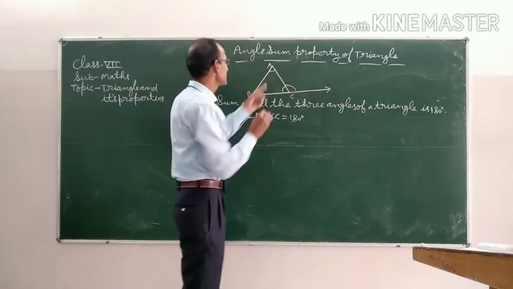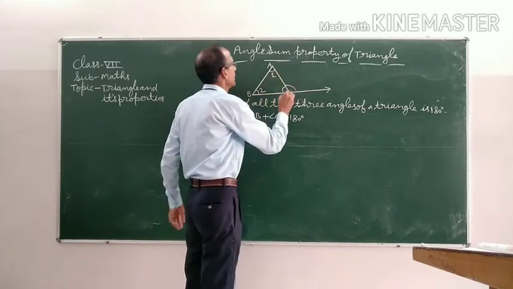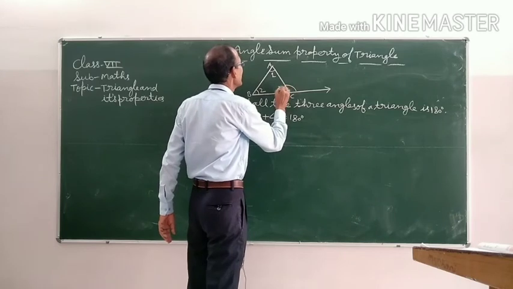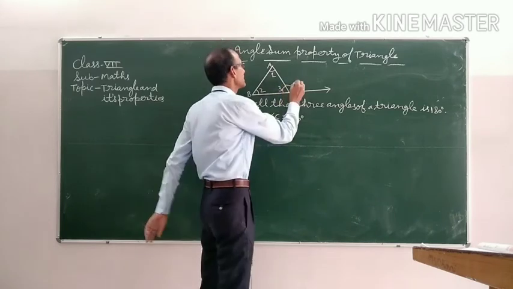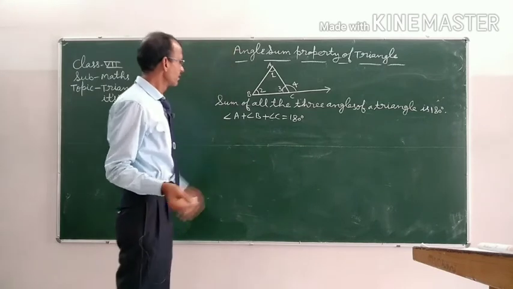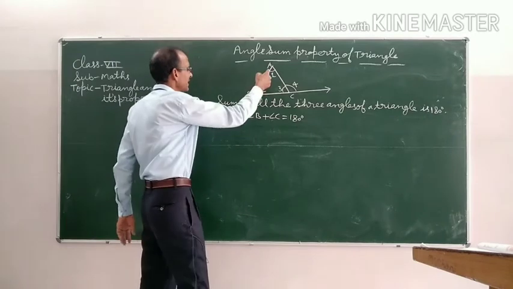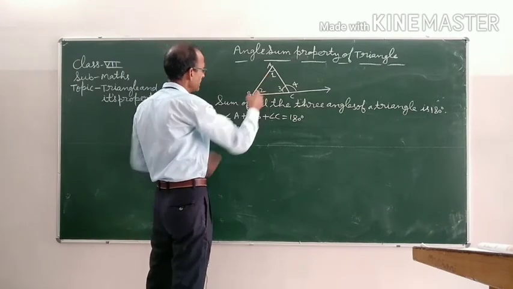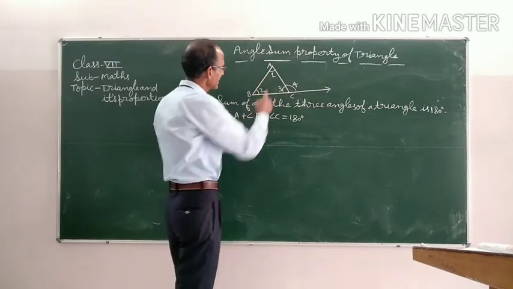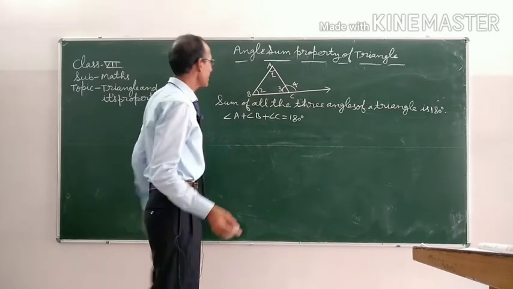Suppose angle A is 1, angle B is 2, and this is angle 3, and let this exterior angle equal to 4. Okay? Here we are given a triangle ABC in which angle A is 1, angle B is 2, and angle C, this angle ACB is 3, and this is the exterior angle 4. Okay?